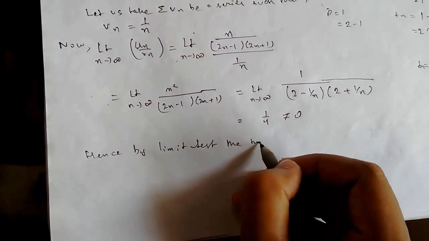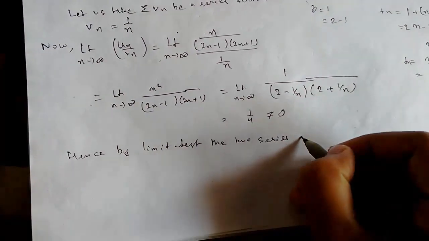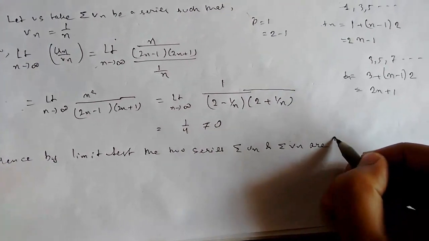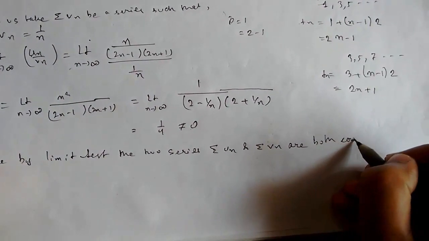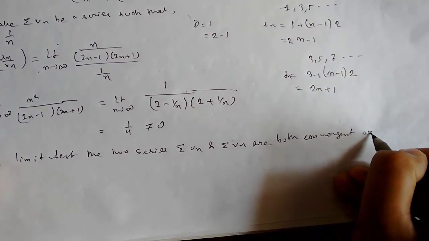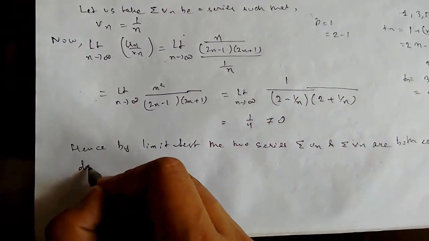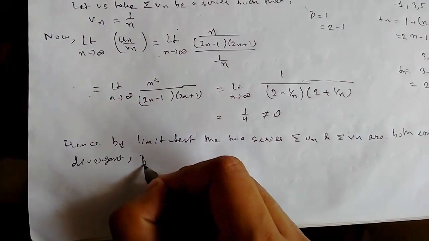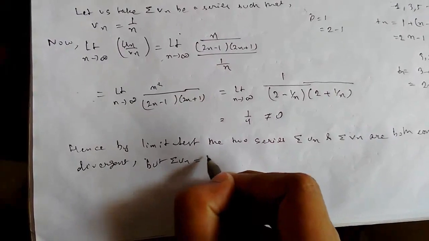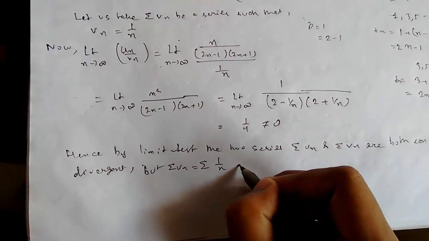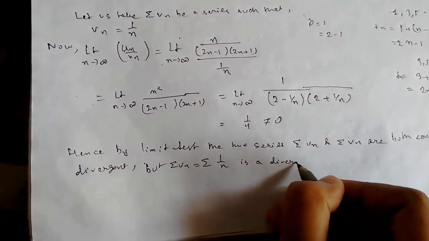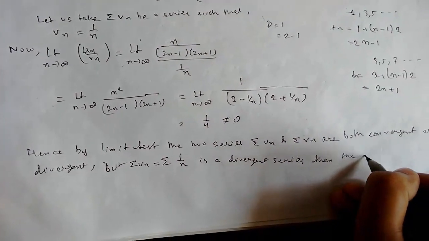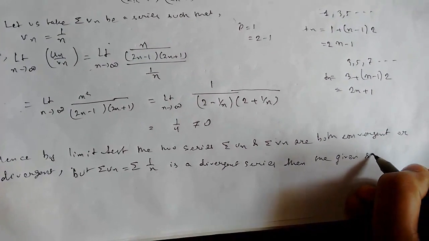So hence by the limit test, the two series summation un and summation vn are both convergent or both divergent. This is our limit statement. But summation vn, that is summation 1 upon n, is a divergent series, so the given series is also divergent.